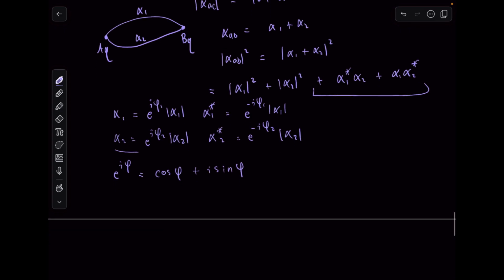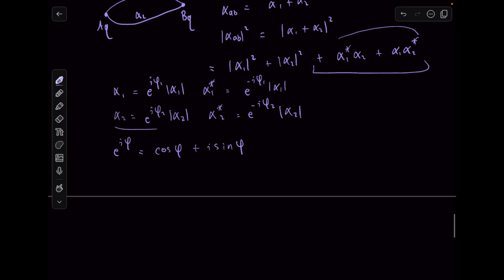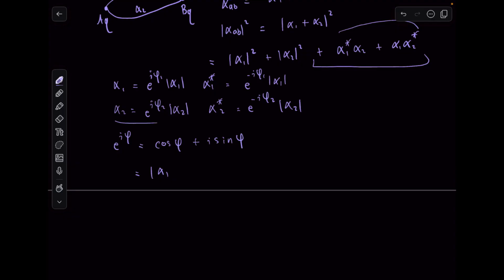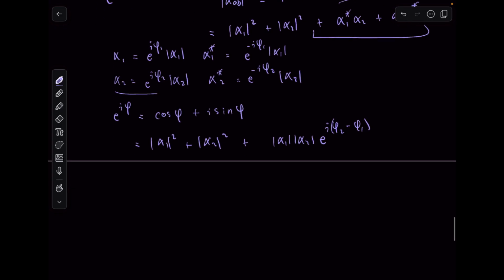So now let's plug these in for our values up here and hopefully rewrite this in a way that can clear up this confusion about these two paths that seem to be interacting with one another, even though they're supposed to be mutually exclusive. So we have alpha 1 times alpha 2, e to the i (phi 2 minus phi 1), and then plus alpha 1, alpha 2, e to the i (phi 1 minus phi 2).